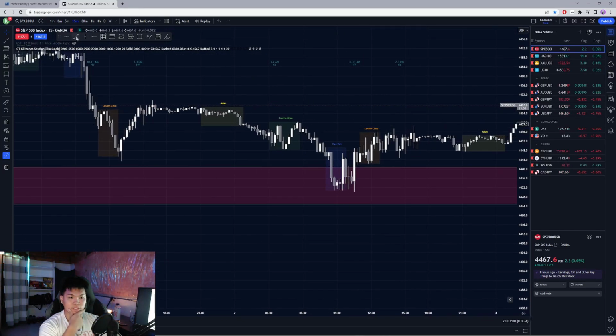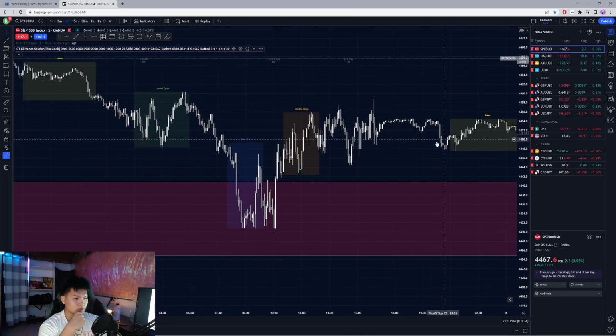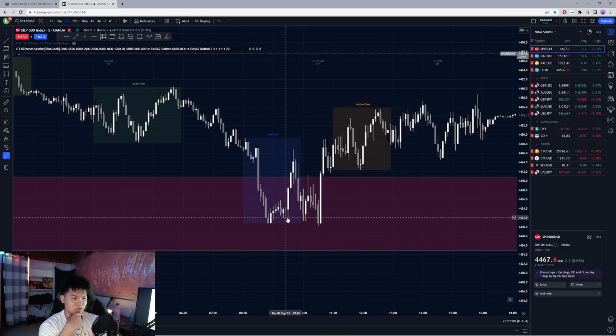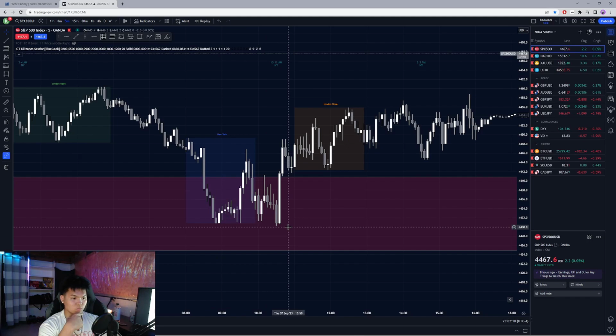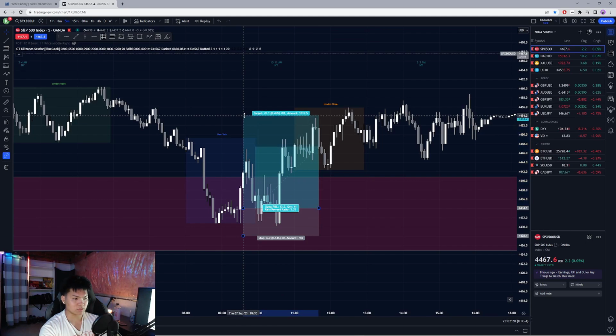Some people probably traded this back to the demand zone. Go to 5 minutes, and it tested this water out, and it just did some crazy stuff.